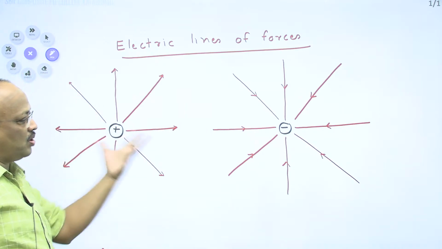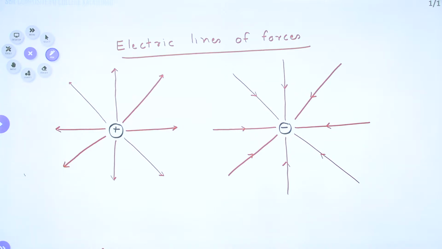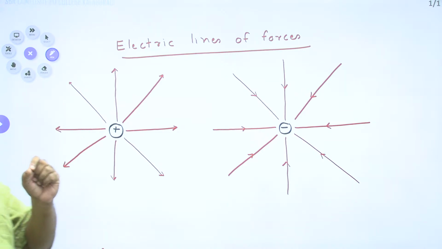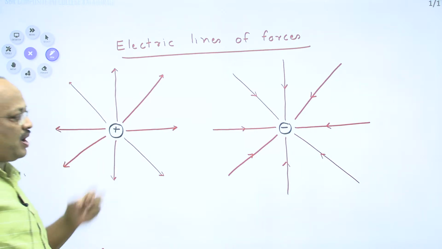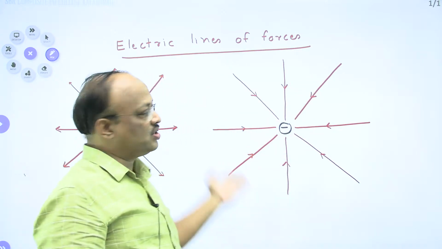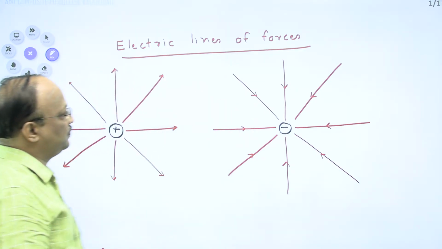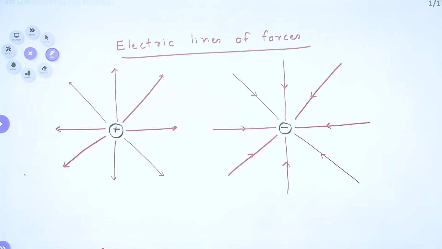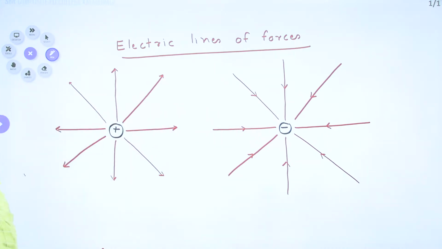This is for a positive charge. How a very small positive charge moves, what path it traces, what path it will travel, that path traveled by that positive charge we are representing like this. So this itself will be our electric lines of force. So these are isolated positive and negative charges.